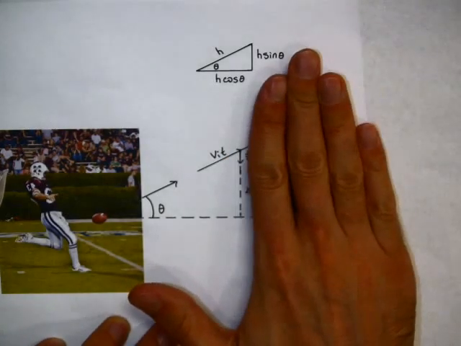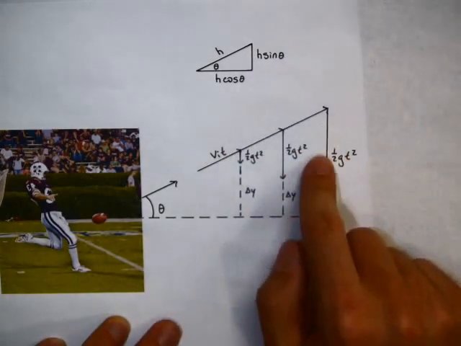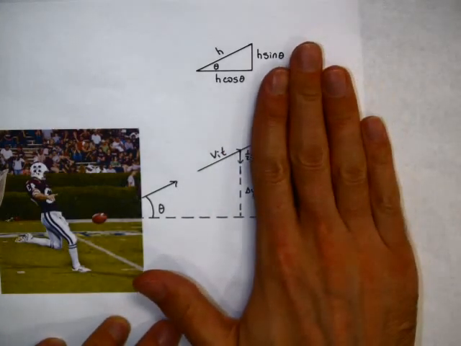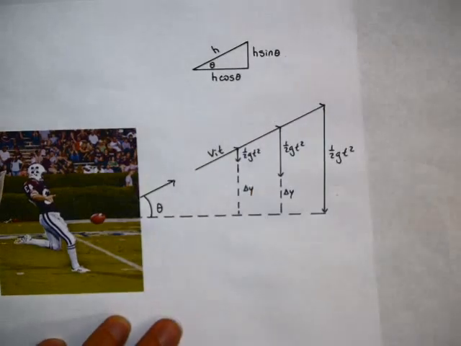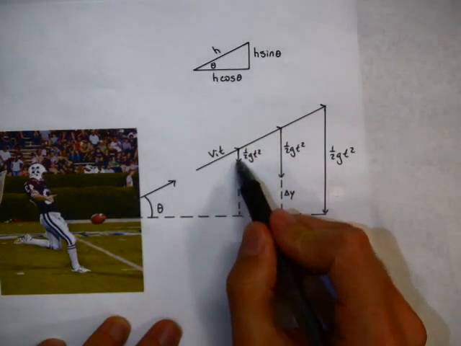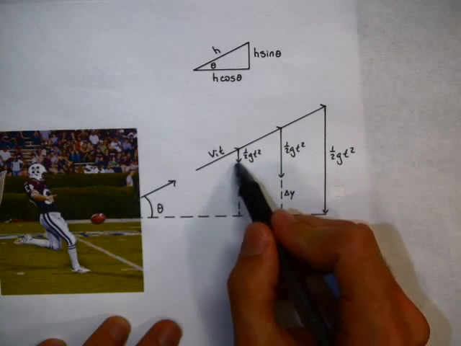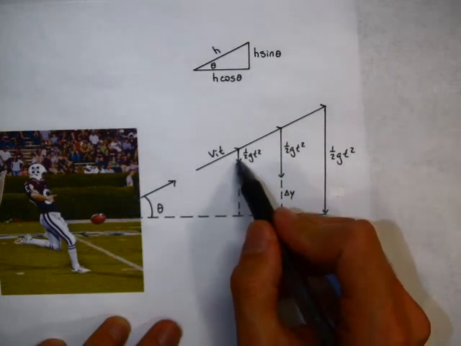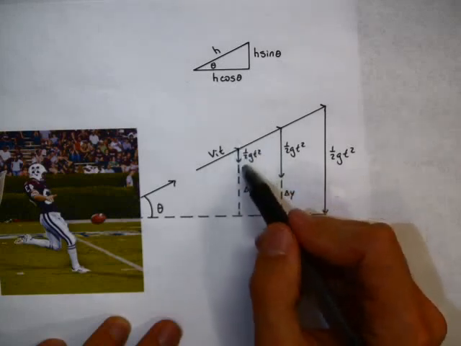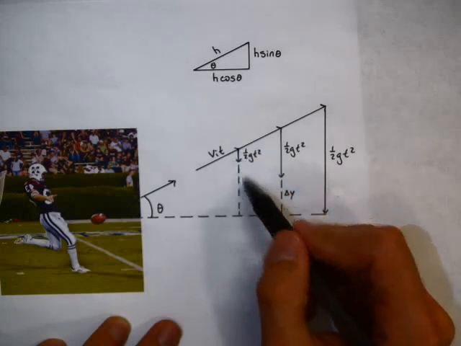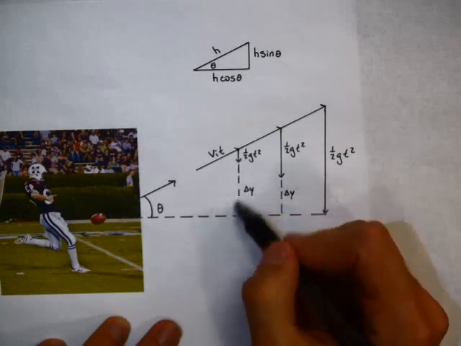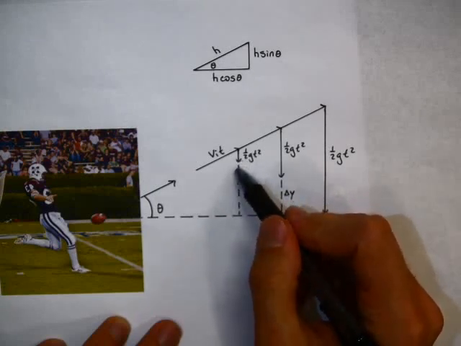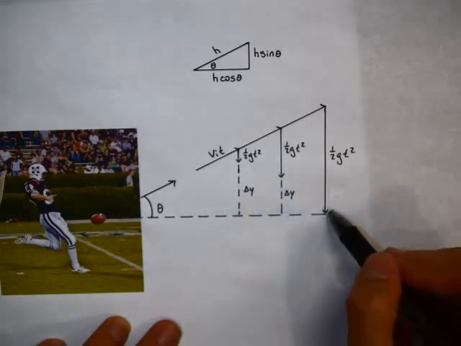You don't need different iterations of that. You can stop right there. The object is always at the tip of the 1/2 gt squared vector. Okay, the object is here. If there were no gravity, it would be here. With gravity, the object is here. It is delta y meters above the ground. When delta y equals 0, the object is on the ground.